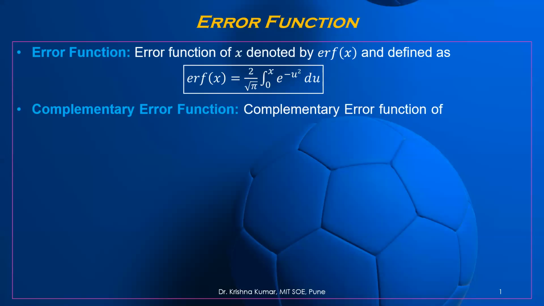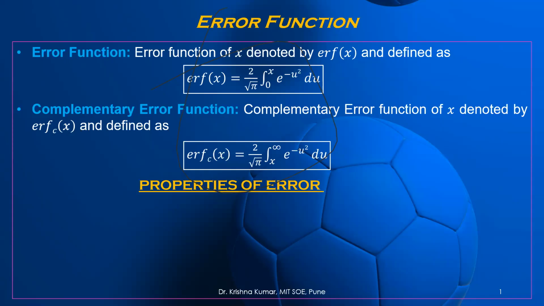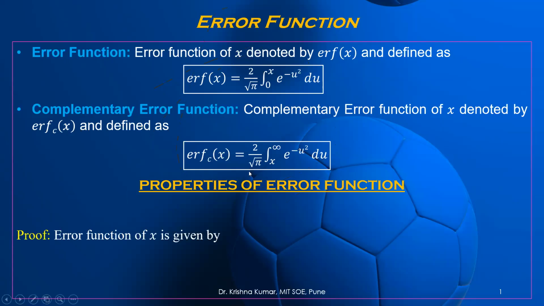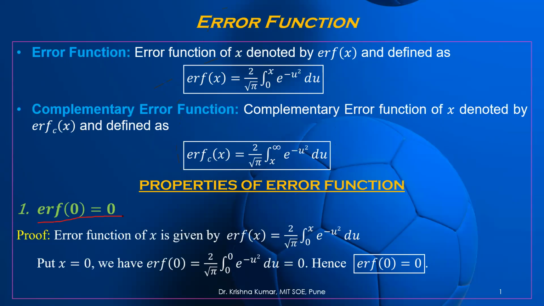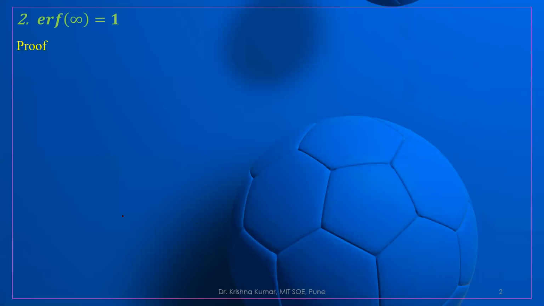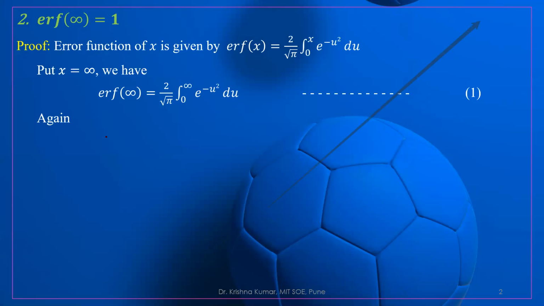After defining the complementary error function, we have already defined the properties of the error function. The first property is erf(0) = 0. The second property is erf(infinity) = 1, and we have already proved this result.